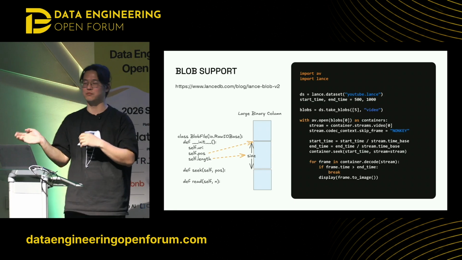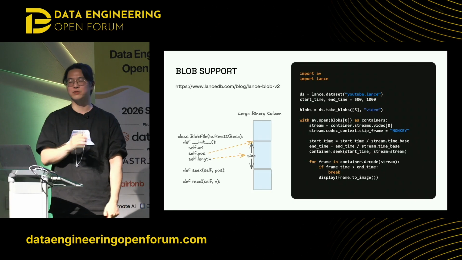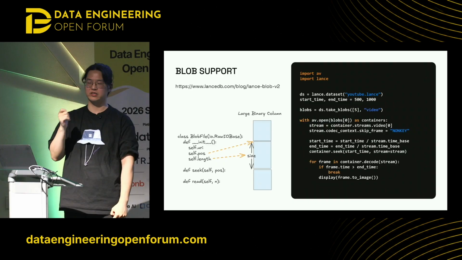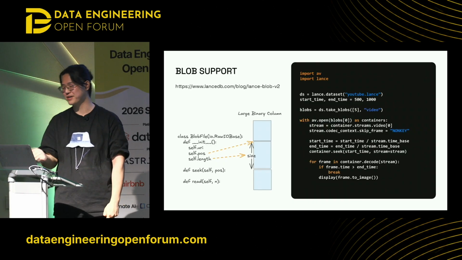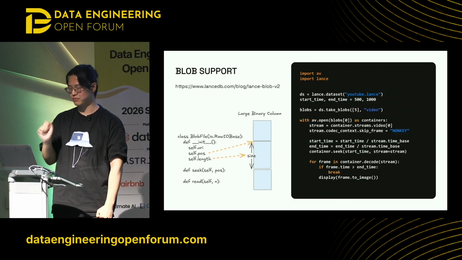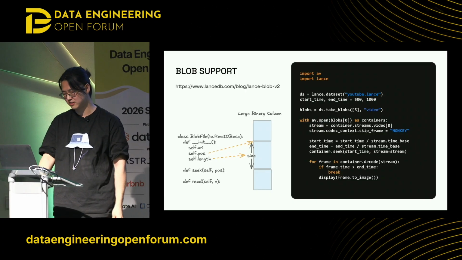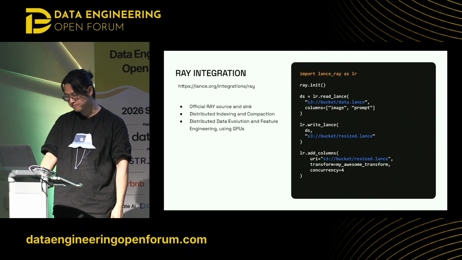And then there's external mode, which is you already have the images and videos, you just want to link to them. So all four modes work together at the same time, while the user is only exposed to the simple API of just, I want to take the blobs, that's it. Or I want to load up a bunch of blobs. So that is the blob support that is operating and powering the training we described behind the scenes.